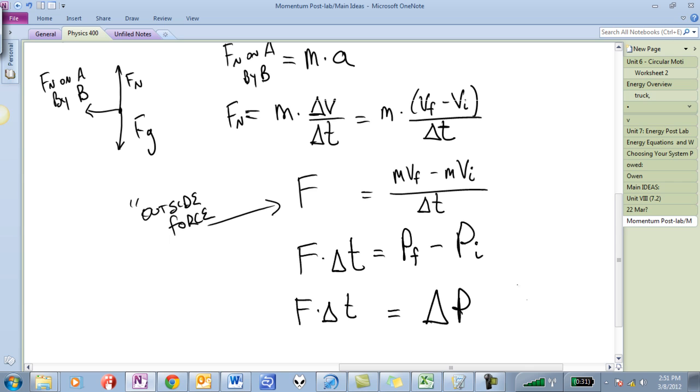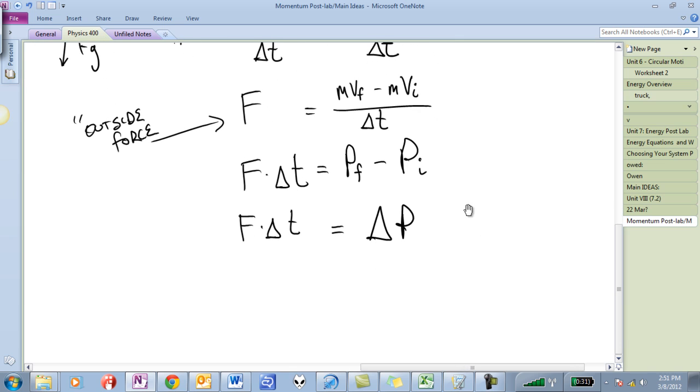And so from here we have this idea of delta P is equal to F times delta T, keeping in mind that, okay, this is starting to make sense. Delta P is what we call a change in momentum. And a change in momentum is what we call impulse.